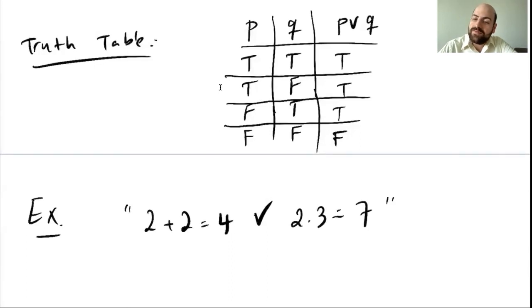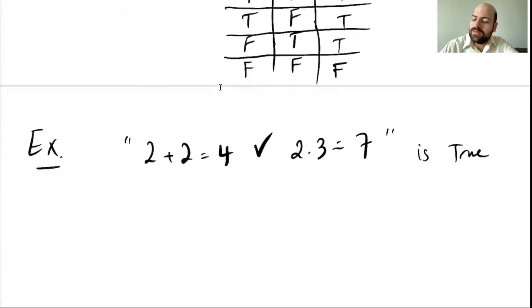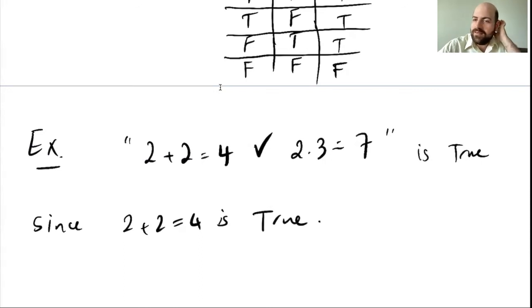Previously we said if there is a conjunction and between them, the overall will be false because one part is false. But this time, 2 plus 2 equals 4 or 2 times 3 equals 7 is true, since 2 plus 2 equals 4 is true. So for disjunction, again, only one part being true is enough, and then the overall compound proposition will be true as well.